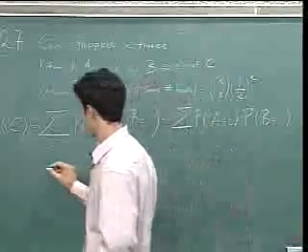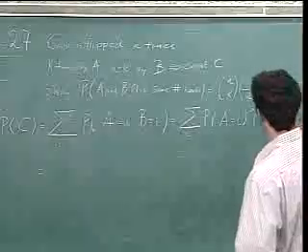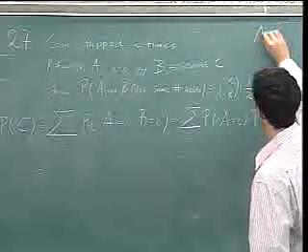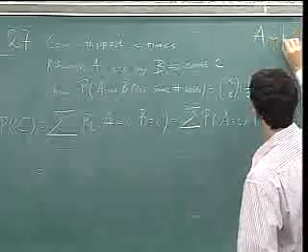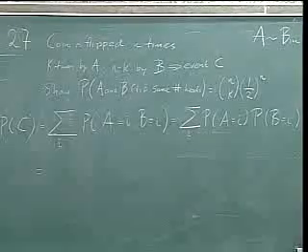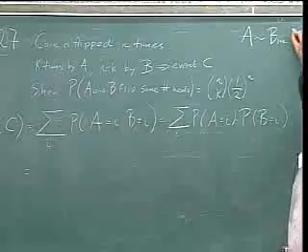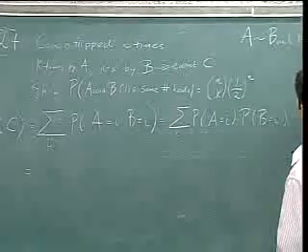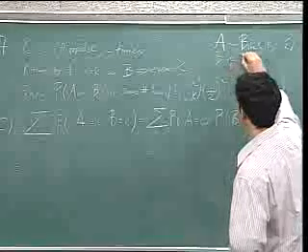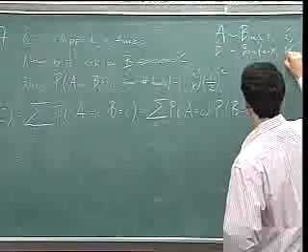Now, what is the distribution of A? It doesn't take much to see that A would just be a binomial with parameters k and 1/2. And similarly, B is a binomial with parameters n minus k and 1/2.